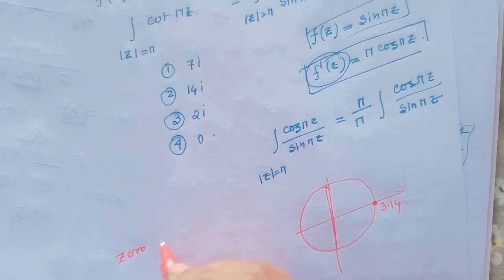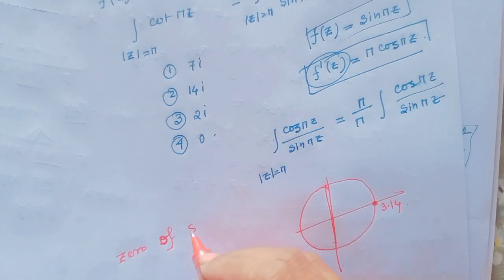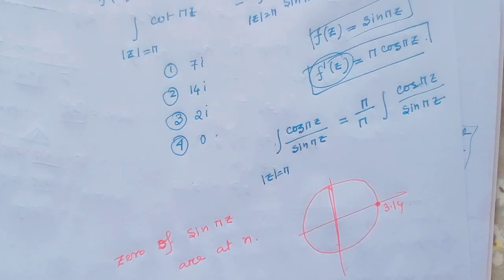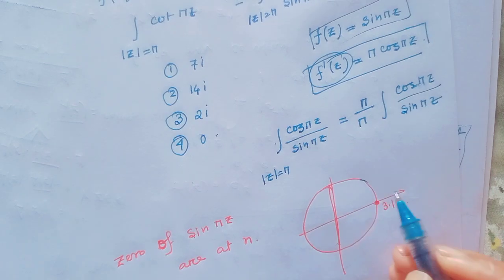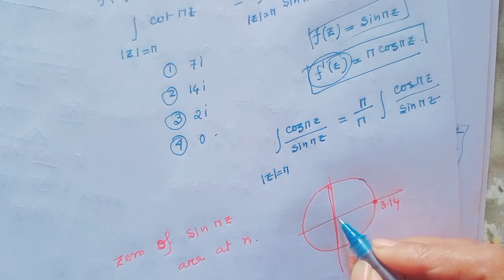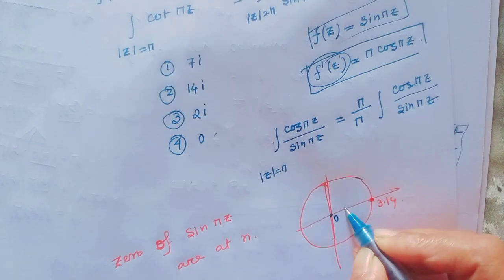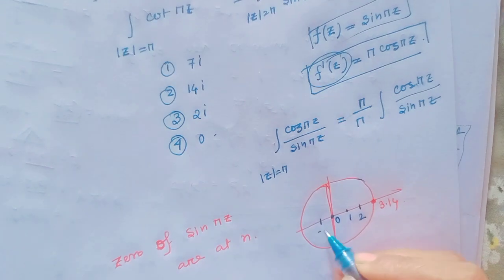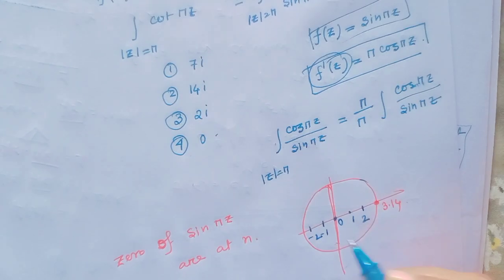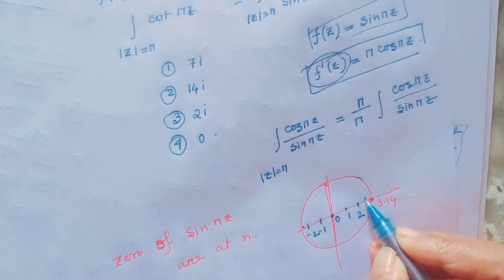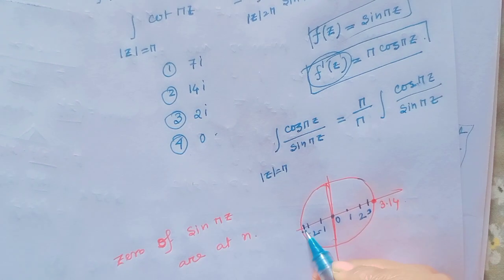We all know the zeros of sin pi z are at the integer points n, and since here the contour has radius 3.14, in this contour the zeros are at 0, at 1, at 2, at minus 1, at minus 2, and at 3 and minus 3.